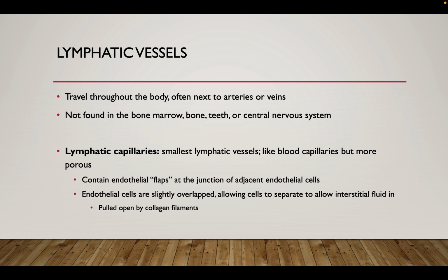And they have a specialized structure that allows them to bring in lymphatic fluid, but not allow it to escape very easily. And we'll see that there's these little flaps that are overlapped, and it's essentially a one-way valve. So lymph will flow into that vessel, pushing open the valve, enter the lumen of the capillary, and it's not able to leave.